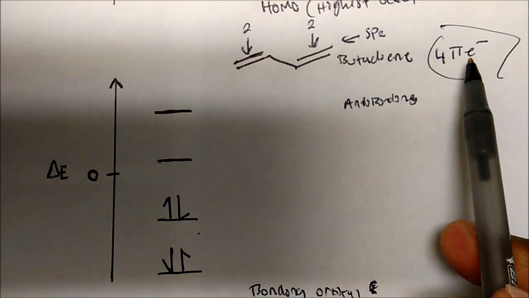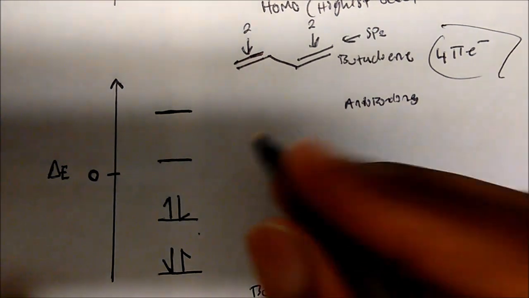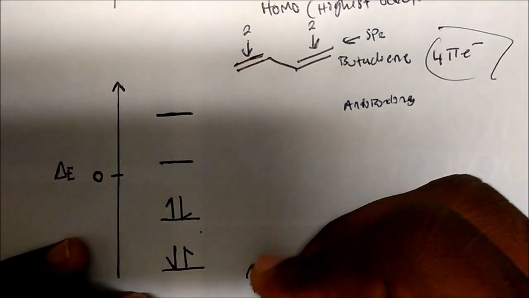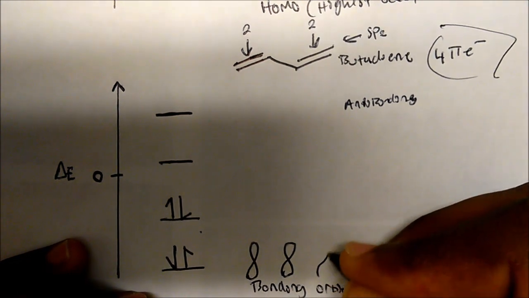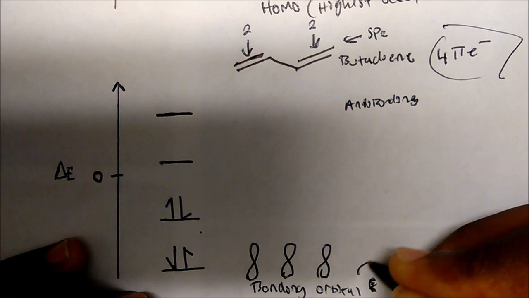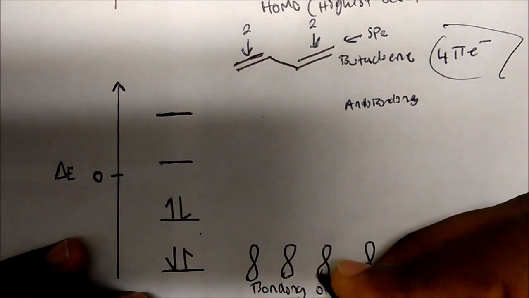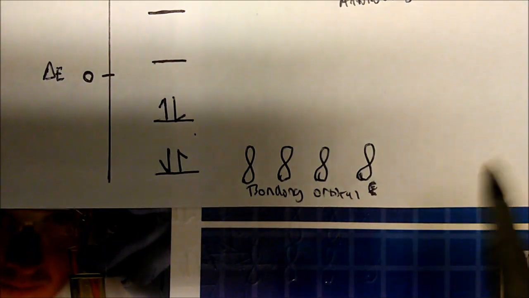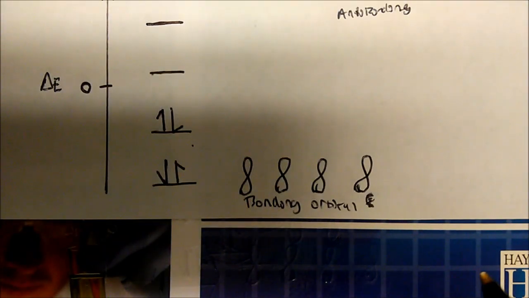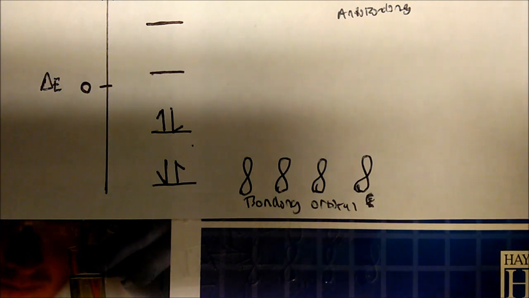Here we have 4 pi electrons, so we have to show, and you take your best guess, 1, 2, 3, 4 s's.